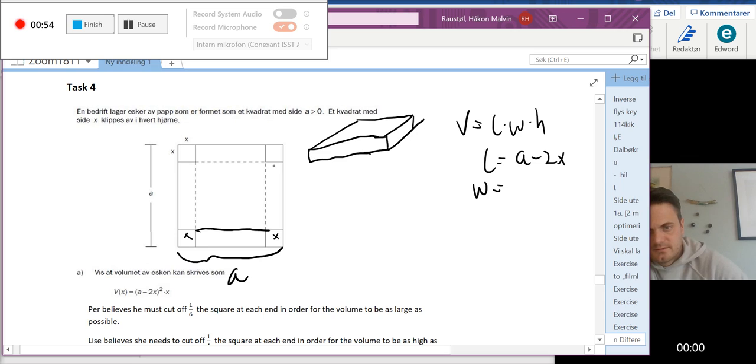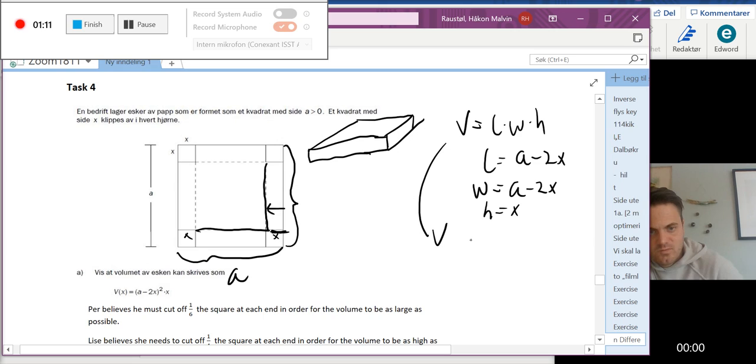The width is also A minus 2X. And the height, when I fold this up, will then be X. So the volume will be A minus 2X times A minus 2X times X, length times width times height.